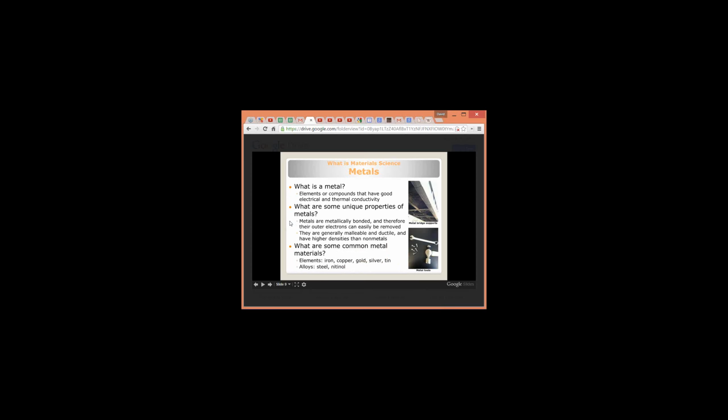So that's what makes them very electrically conductive. Then they're also malleable and ductile because they share electrons, and they're surrounded by an electron cloud. When you dent a metal, the electron cloud just kind of forms in around it, and all of the protons are still surrounded by other protons.